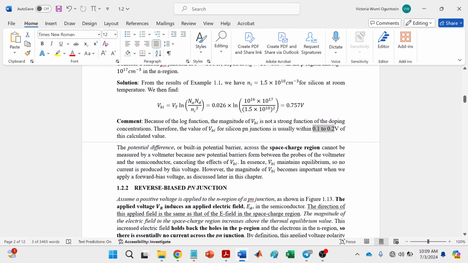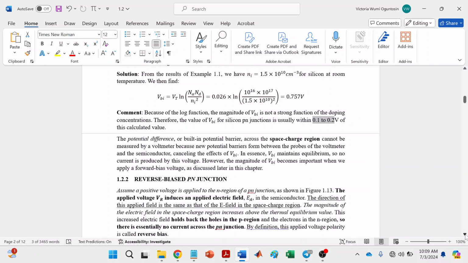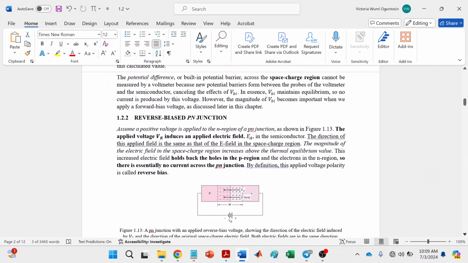So it's important to note that. So we've talked about the PN junction in equilibrium, that is when no voltage is applied. Then we'll talk about the reverse biased PN junction.